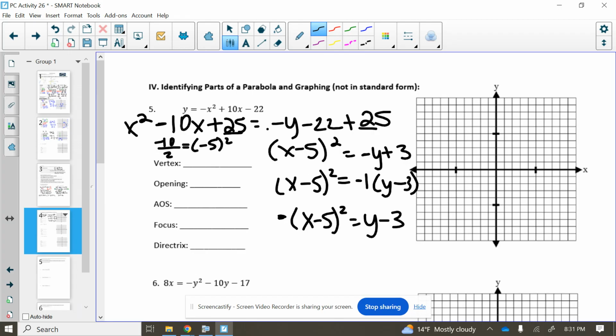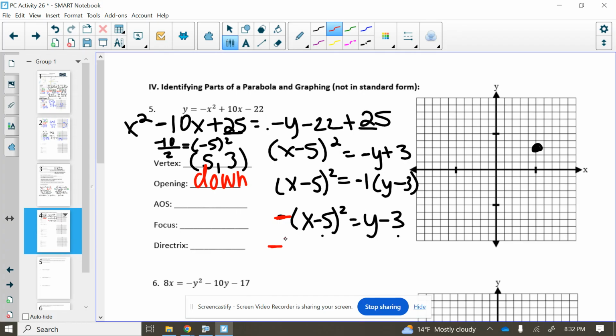So what we are going to notice this time is that our vertex, our h comma k, is at 5 comma 3. So that would be a point right here. And then because our x value is squared and we have a negative d value, this is going to force us to have a downward facing graph.